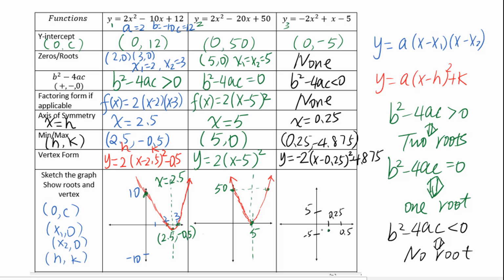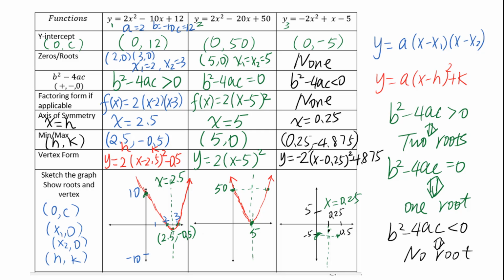When you sketch a quadratic function, at least 3 points. So you try to get this symmetric line, that's x equals 0.25. This is the y-intercept, so try to get the same distance, this point.